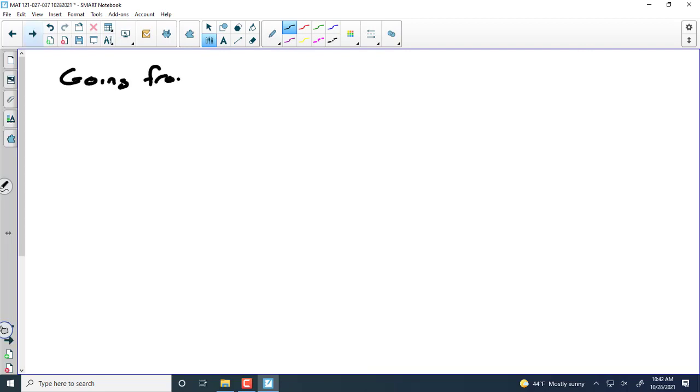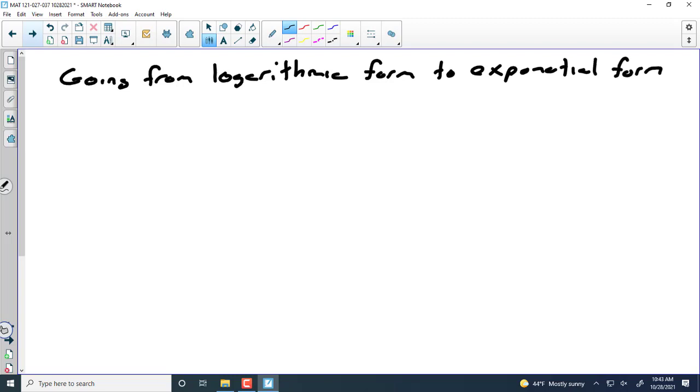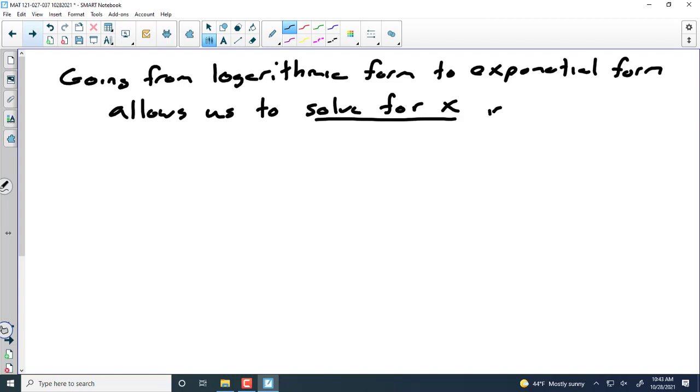Going from logarithmic form to exponential form allows us to solve for x in a new type of equation.